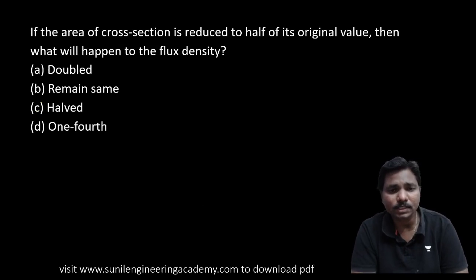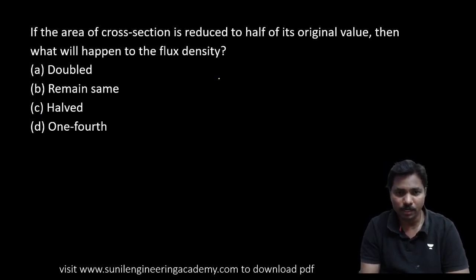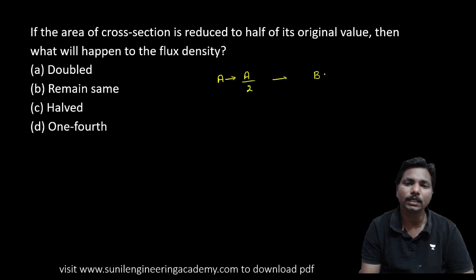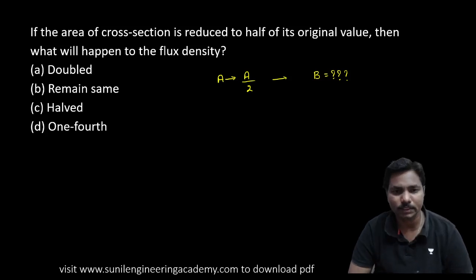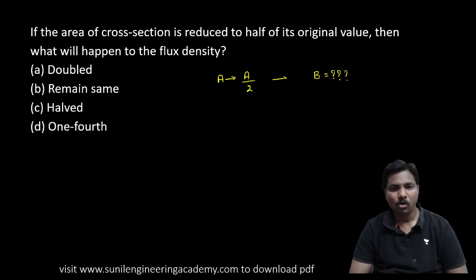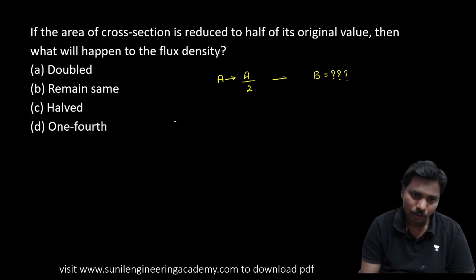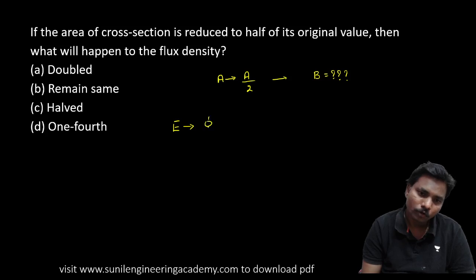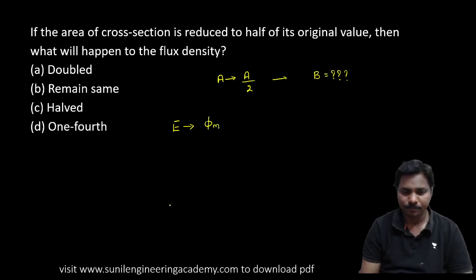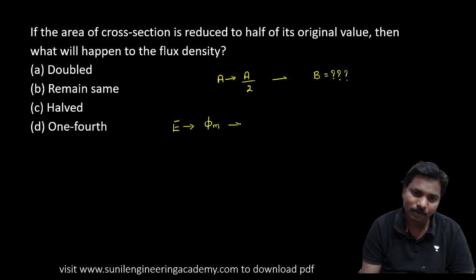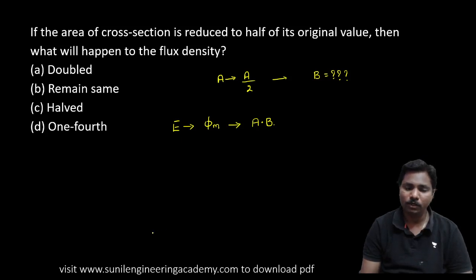If the area of the cross section is reduced to half, then what will happen to the flux density? Here, to get our required EMF, we have to get the maximum flux. This maximum flux depends upon the product of area and flux density.